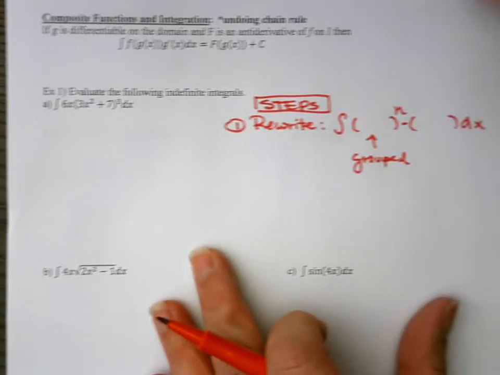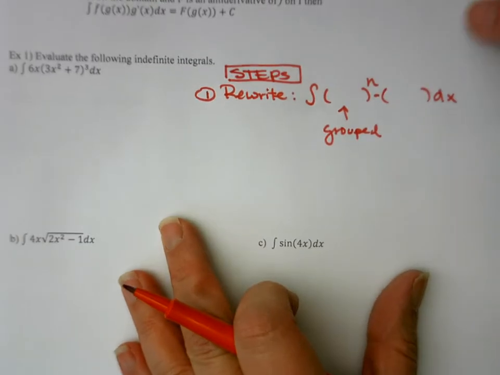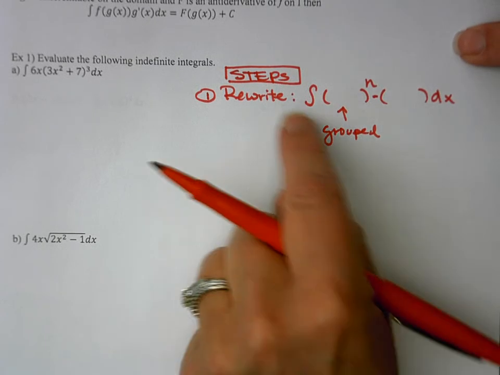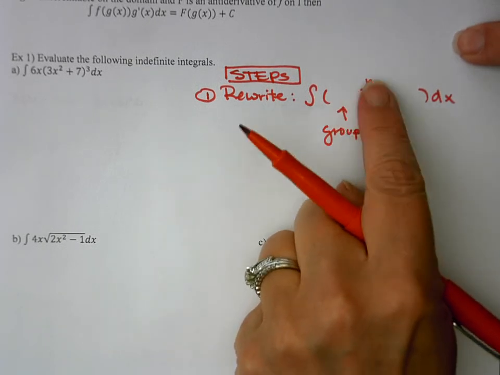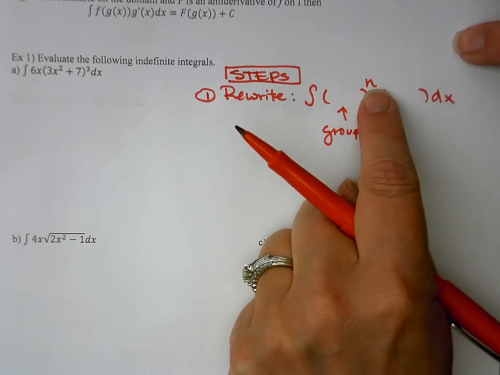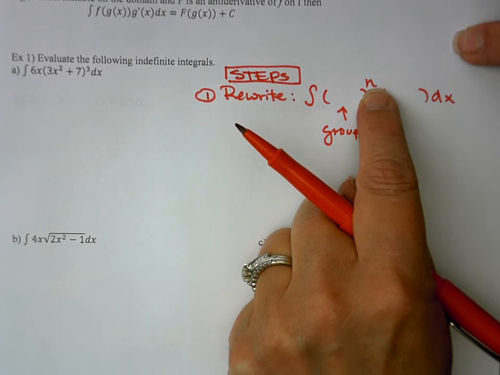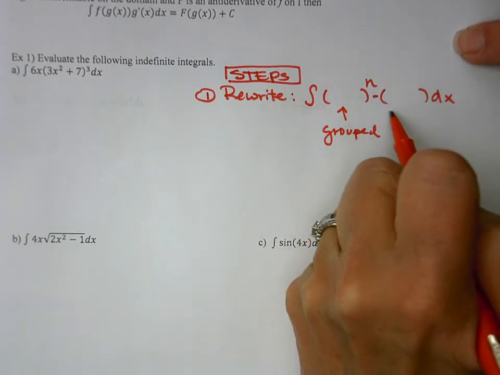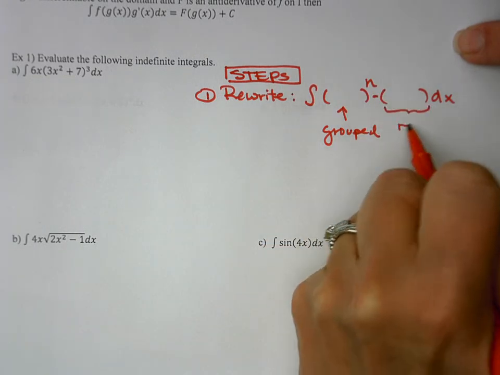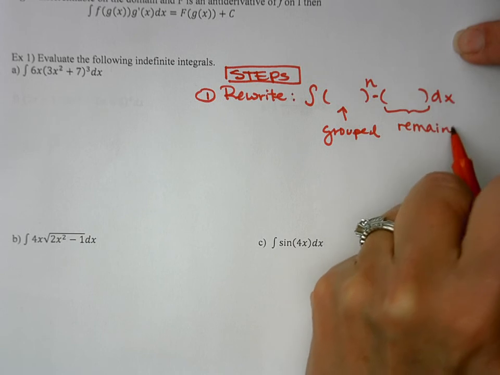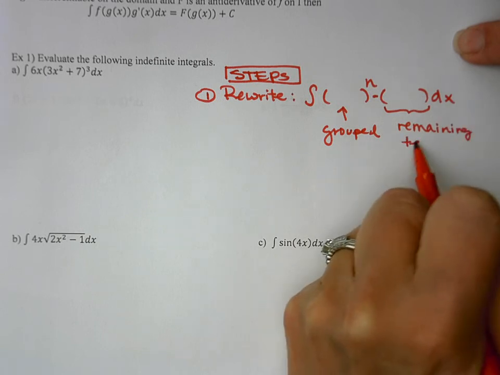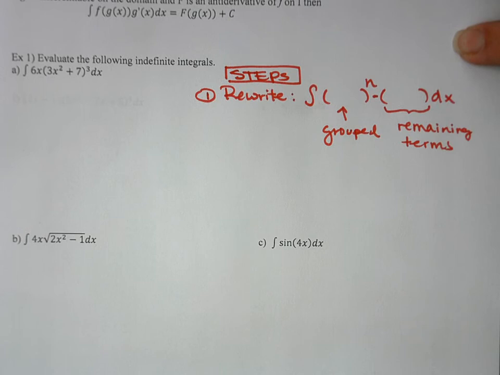Sorry, people. Okay, how about that? All right, so I want to rewrite it to where I have my grouped piece with its power, whatever that might look like, so 1/2 power, squared, whatever, and then the remaining terms down here. So remaining terms right here. And that is what we always want to do first.